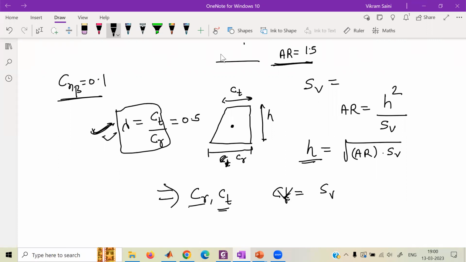So CR is 2 SV by (1 plus lambda) into H. Good.